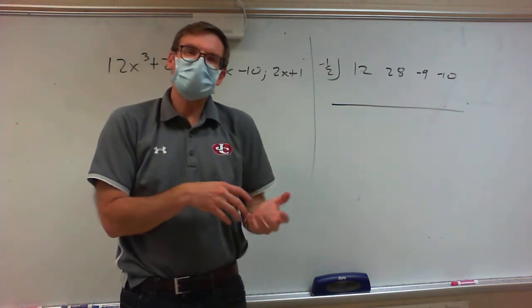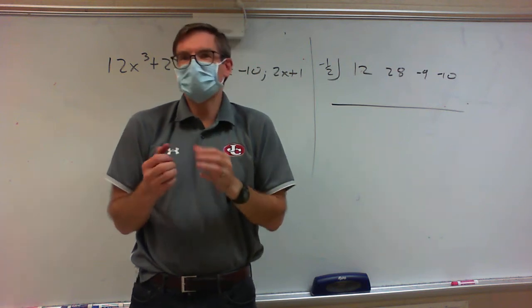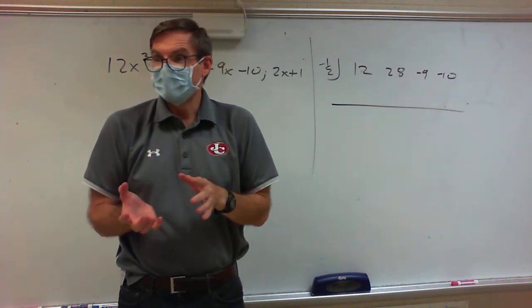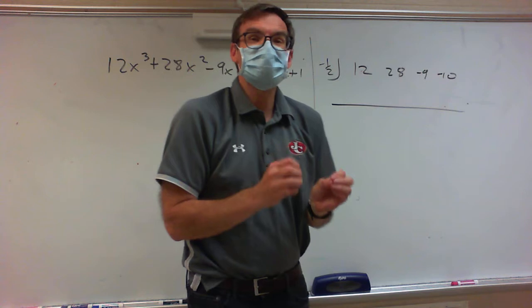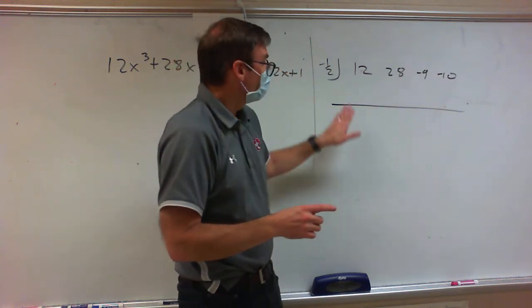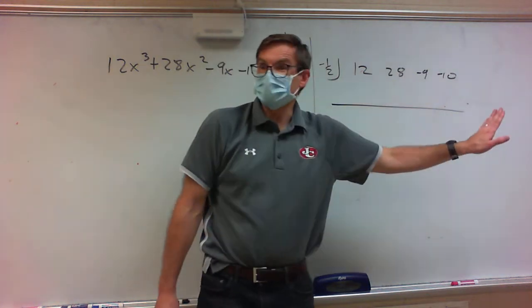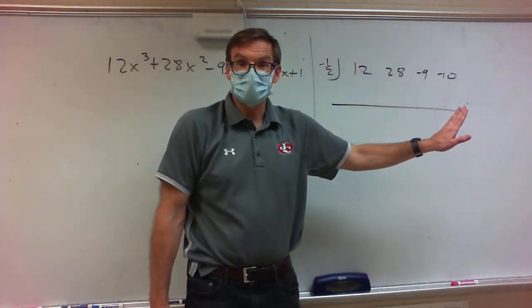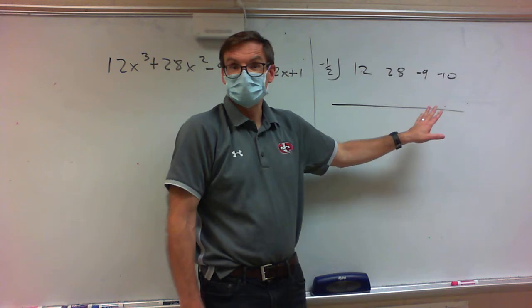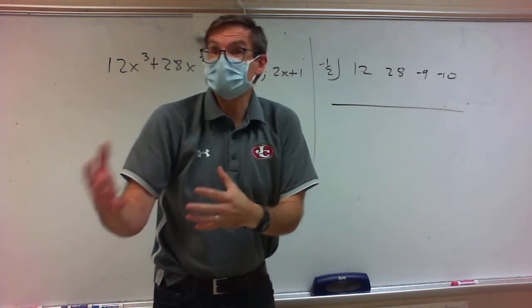What I tried to tell you is, no, what you hate about fractions is when you have to get a common denominator. And whenever you're doing synthetic division, even if you have a fraction here, you will never get a common denominator, right? So let's actually go through this synthetic division and see if it's as bad as you think it is.